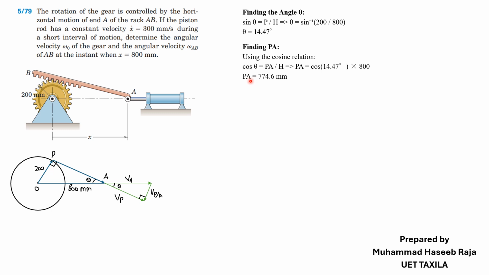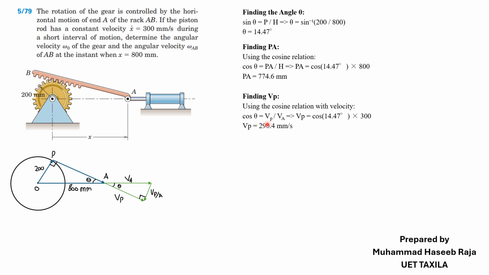Our next step is to find the velocity VP. Here you see it makes a 90-degree angle. So VP is the base, VA is the hypotenuse, and VP over A is the perpendicular. Using the cosine relation with velocity we find VP.